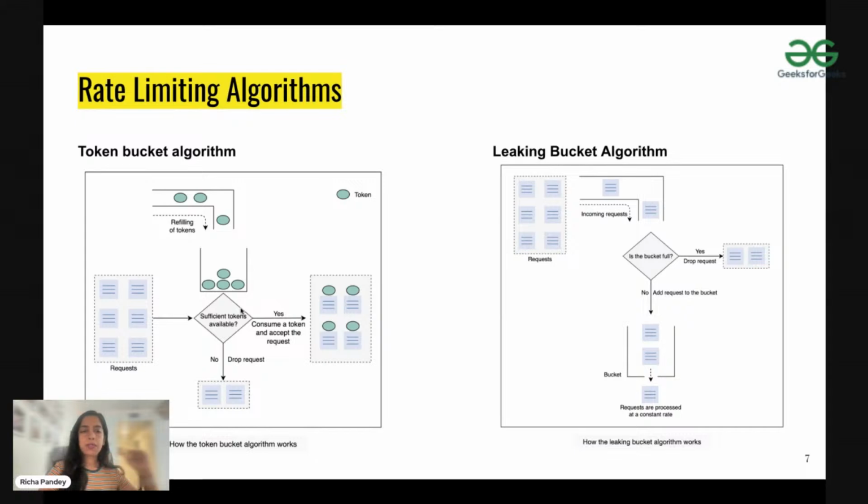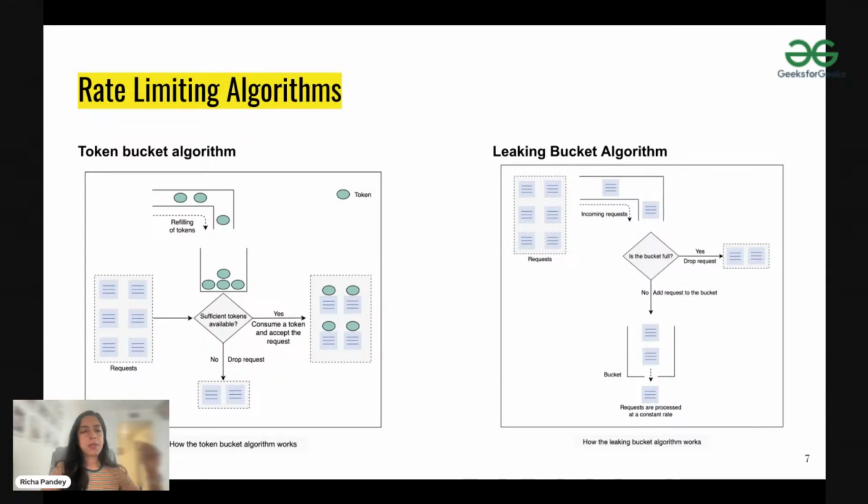Once the first request comes in, we see that there are four tokens. Each of these tokens means that a request can go through. So we'll check if there are sufficient tokens available, take one token out of the bucket, and the request will be processed. Now, once the first token is taken out, there are only three remaining in the bucket. That will mean that only three more requests can be processed.